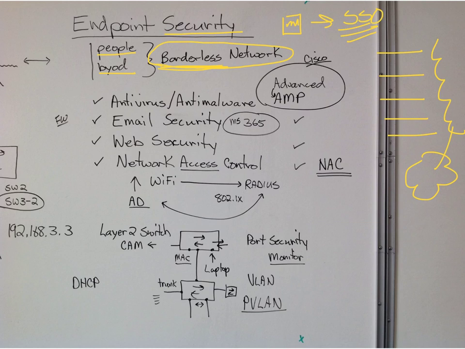Okay, there are some products out there, all kinds of advanced malware. Cisco has a product, advanced malware. There's all kinds of email security. The college now is using 365. They also have a Barracuda box that's supposed to screen all the email.